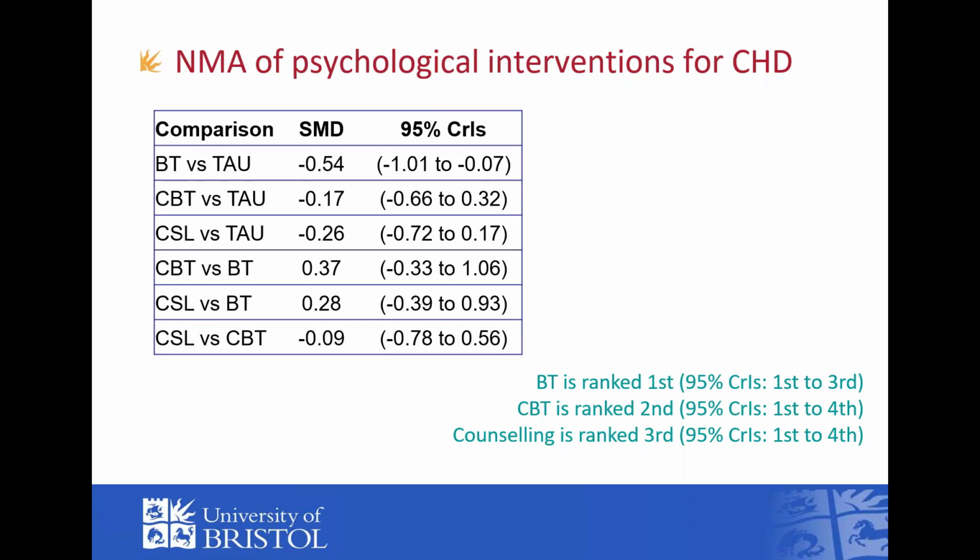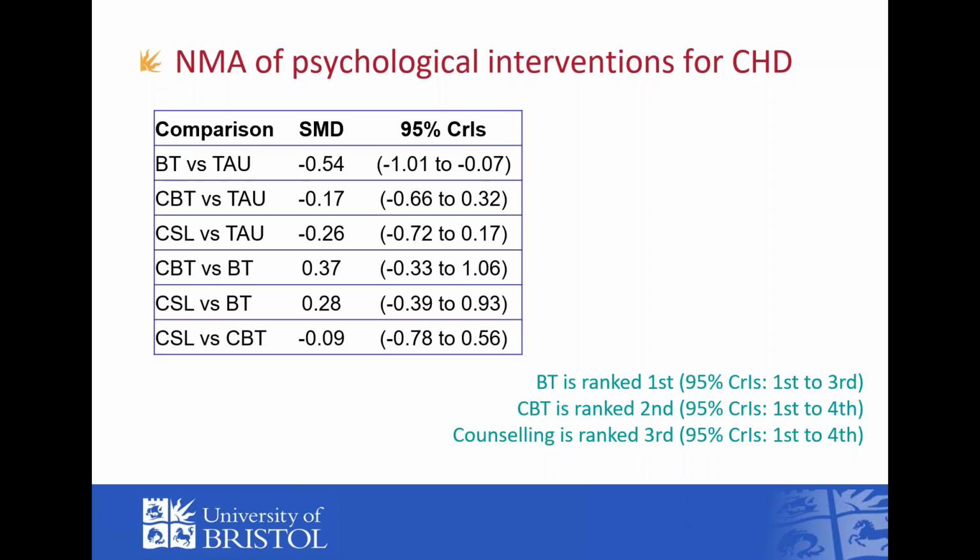So in a network meta-analysis, we're also able to produce treatment rankings, although increasingly it has been noted that we need to be cautious when we're interpreting treatment rankings from a network meta-analysis. And this is actually a good example of why we need to be cautious in interpreting treatment rankings. Because if we see here, it would appear that behavioural therapy has been ranked as the first treatment, the best treatment.